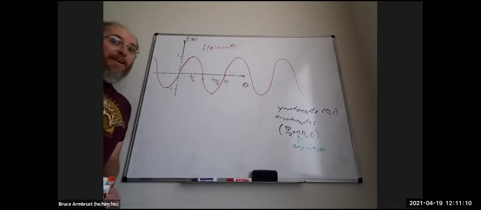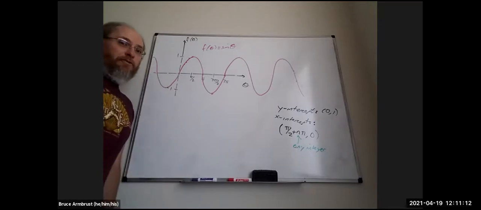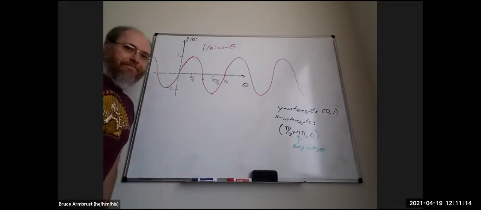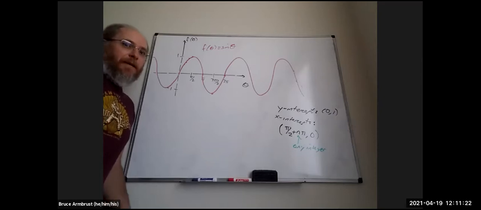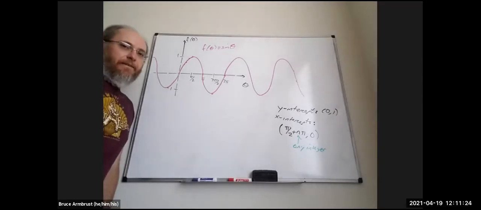And if you look at that and you compare it to what we just drew for cosine, they're pretty much the same. Think about the properties, right? It repeats every 2 pi. So it's got the same period. It's got the same amplitude. Got an amplitude of 1, goes up plus or minus 1.